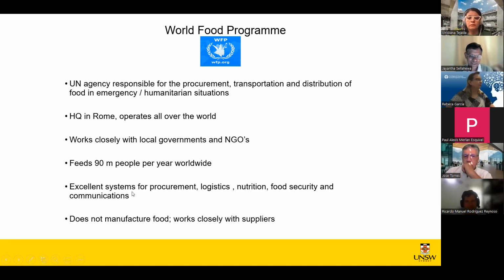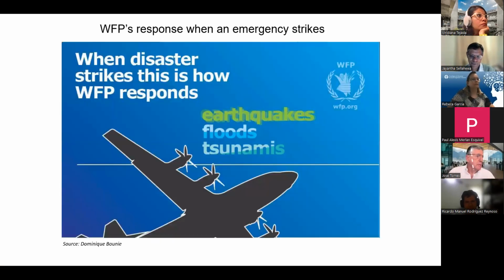They feed millions of people every year. And they're very good in procurement, logistics, and providing the food very quickly. However, WFP don't manufacture any foods. So they source food from hundreds of suppliers located all over the world. And that itself is quite a challenge, because the quality has to be maintained.